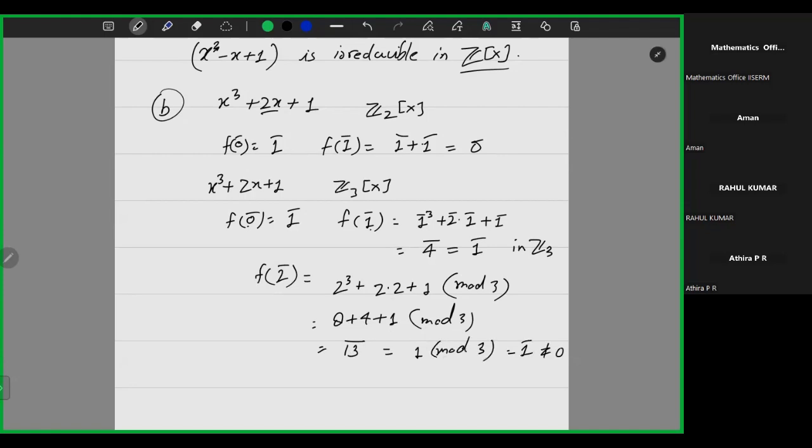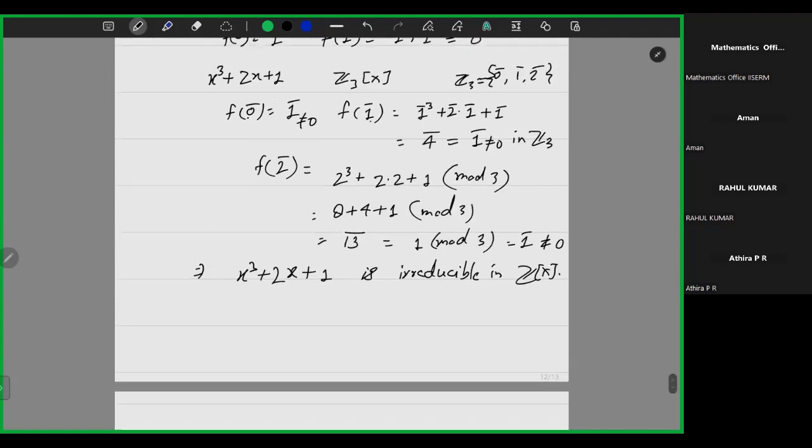This is again non-zero. In all cases it is non-zero, right? Z3 has only 3 elements: 0 bar, 1 bar, 2 bar. We checked all of them. So this implies that x cube plus 2x plus 1 is irreducible in Z[x]. Okay.